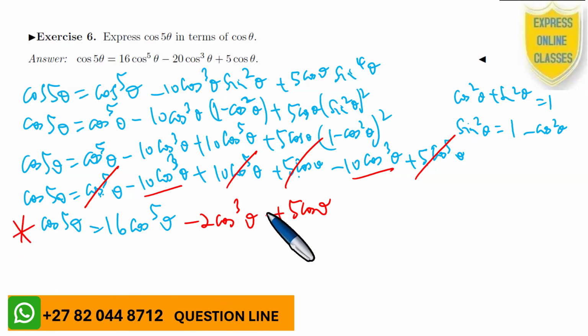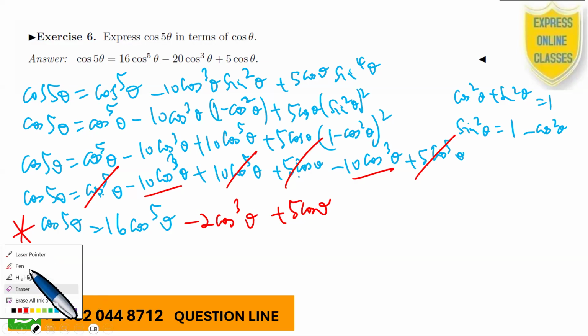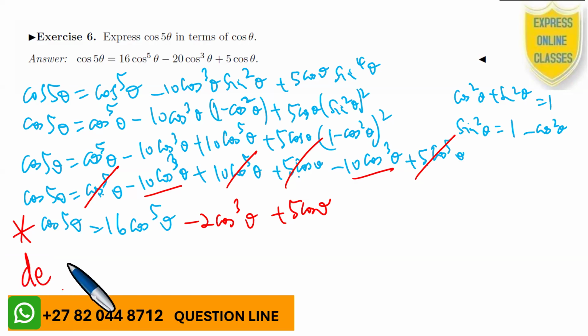Now, this is de Moivre, okay, de Moivre is written with small d, not what they wrote in your material there. It's something called de Moivre's theorem.